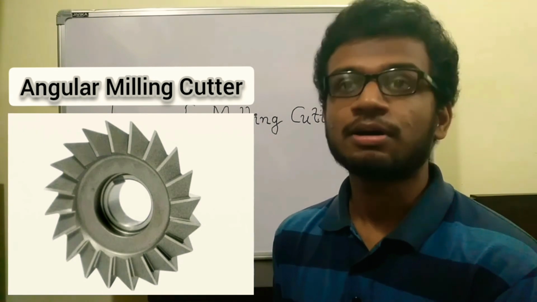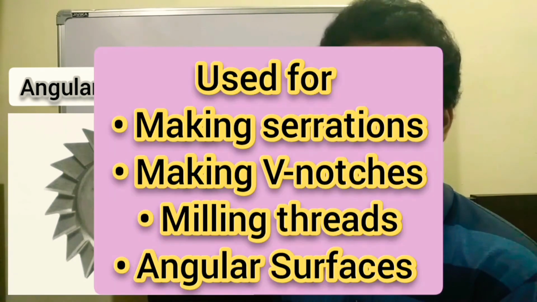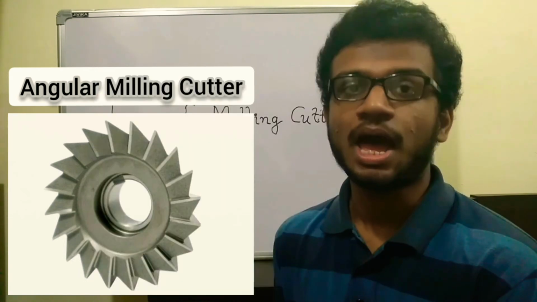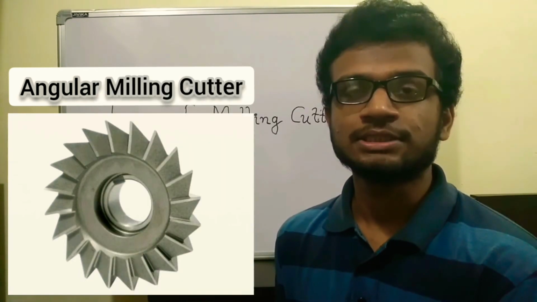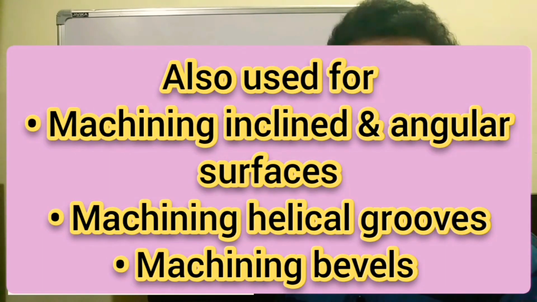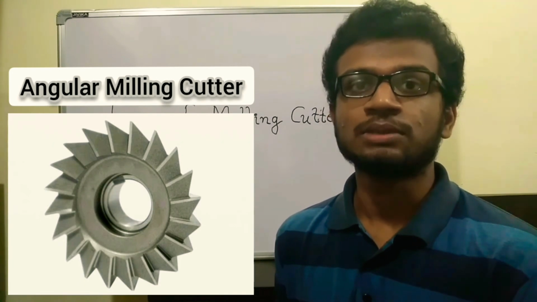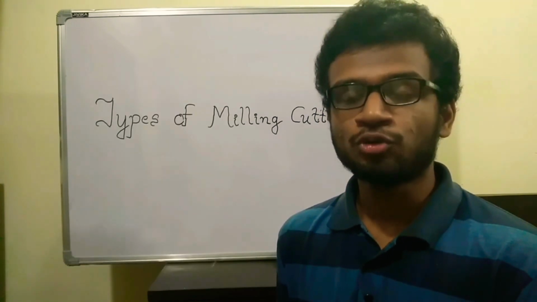These angular milling cutters are used for making serrations, for making V-notches, for milling threads, and also for making angular surfaces. They are also used for machining inclined surfaces, machining helical grooves or bevels.